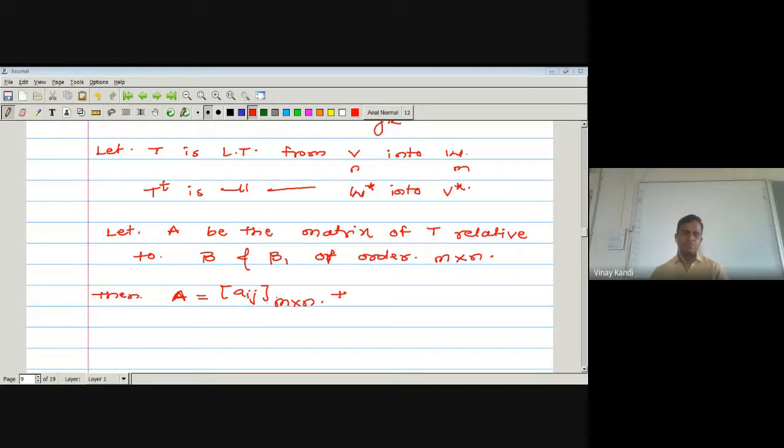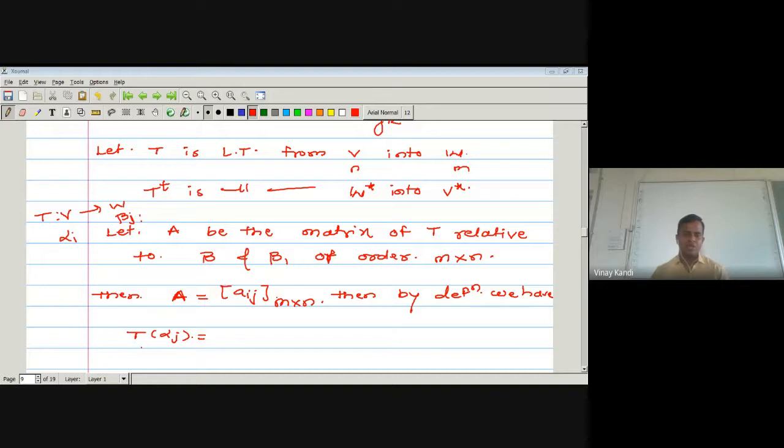So by the definition we have this T of alpha j. T is the linear transformation from V to W. What are the bases of V? Alpha i's, and this is beta j's, i running from 1 to n, j running from 1 to m. So we can write T of alpha j as a linear combination of elements of beta, by the matrix of transformation.